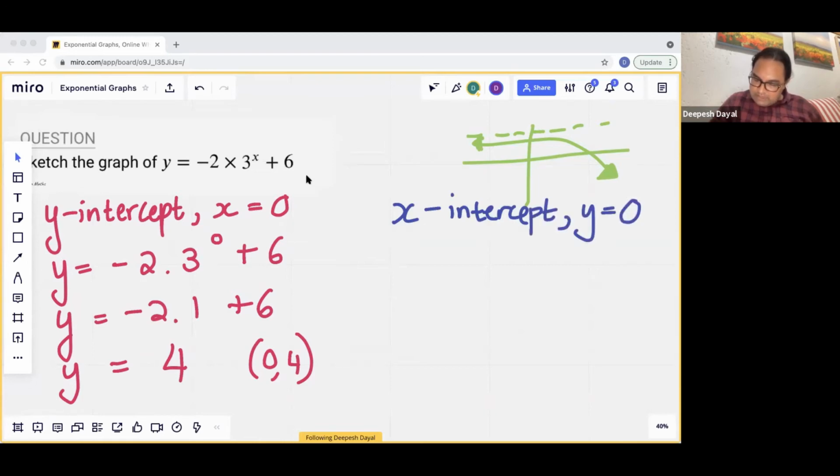So we then can say 0 equals minus 2 times 3 to the 0 plus 6, right? We then take the 6 over. Let's do that rather. So it's minus 6, right? Because it's a plus that side.